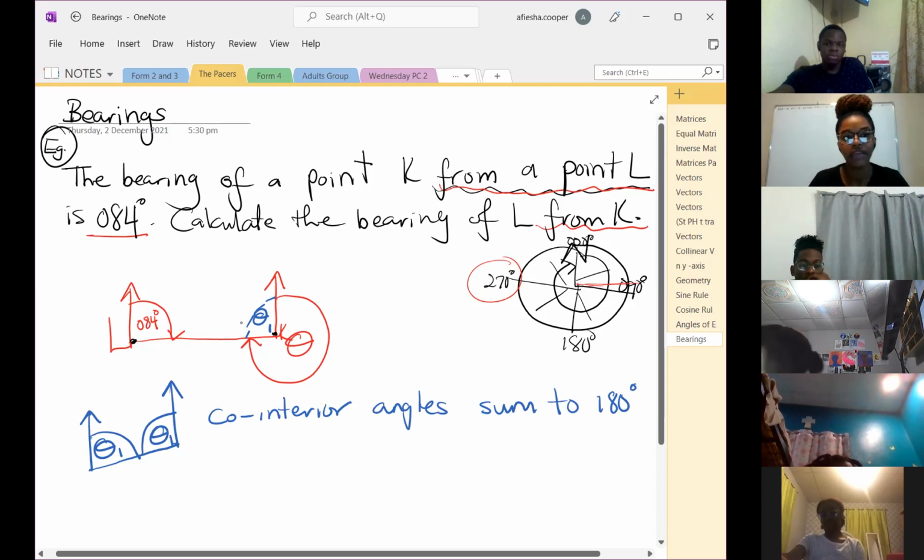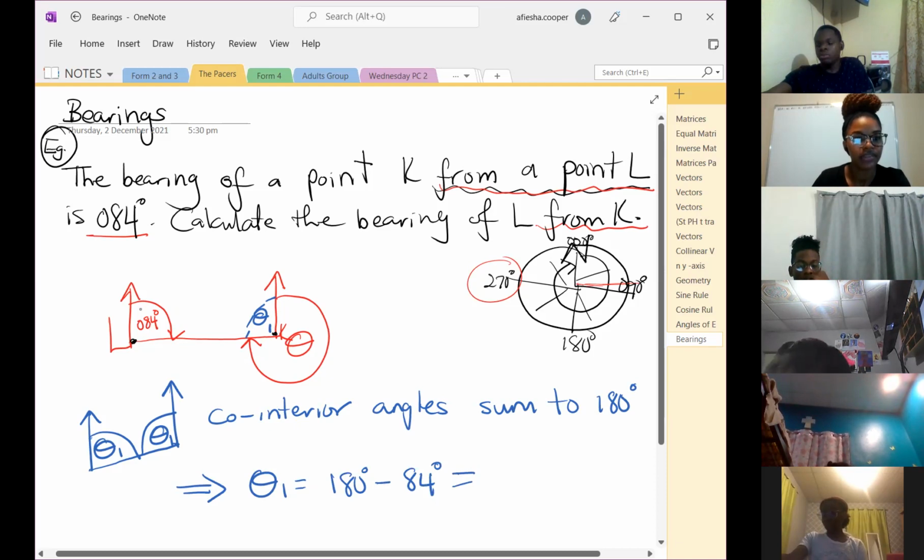So therefore, if I want the value of the angle for theta 1, I have to subtract it. So theta 1 is equal to 180 degrees minus 84 degrees, because this angle and this angle must give me 180 degrees. So that is 96 degrees. Any questions on the co-interior angles? This is a rule, all right?